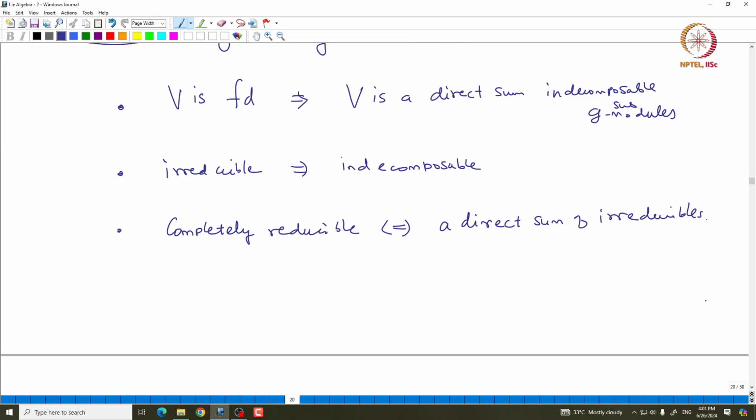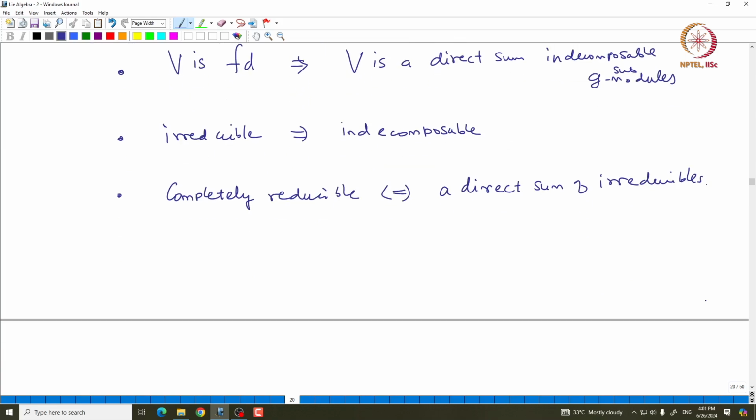So, that means we have some inclusions. We have the completely reducible G modules, which are contained in, of course, the finite dimensional modules.